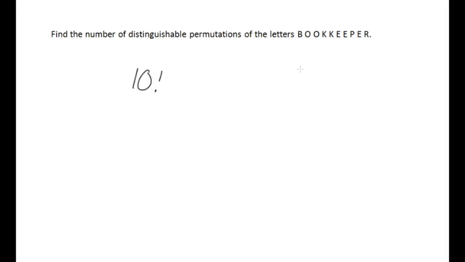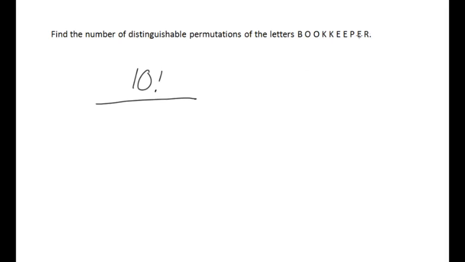Now, some of the letters are the same, however. So some of the ways in which I can rearrange letters are actually going to look the exact same. And so what we need to do is divide out the number of ways in which we can rearrange the letters and it not look any different. If we look back at the K's, they can be arranged in the order they are currently, or we could switch them, and that would be two different arrangements that are actually not distinguishable.